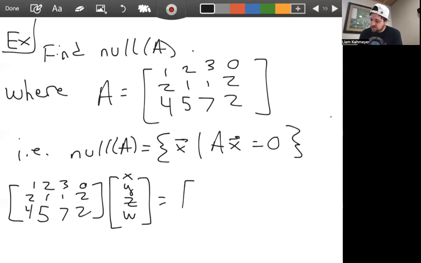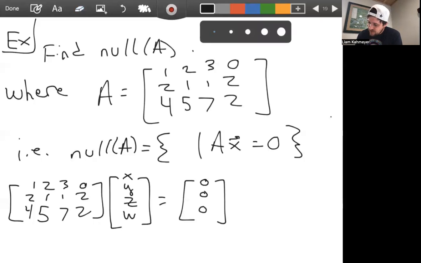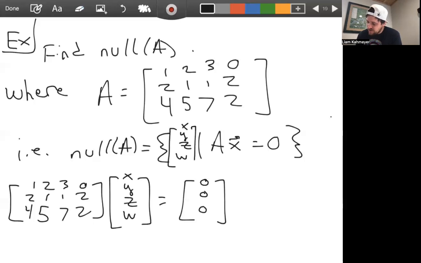And the result of this matrix multiplication would be a 3x1 vector. So we want this vector to be 0, 0, 0. So now reworded, the null space is this collection of vectors x, y, z, w such that this system has a solution. How do we find the solution to this system?